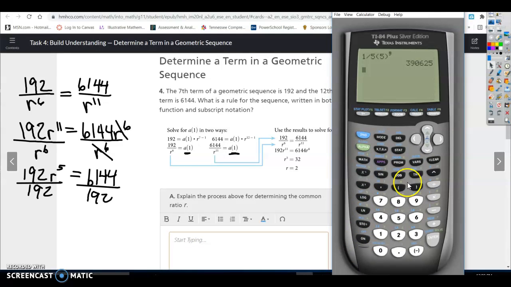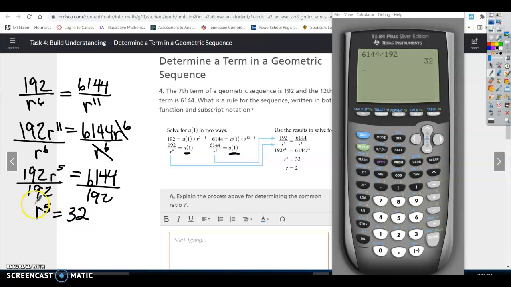So if you take your calculator here and we do 6,144 divided by 192, that gives us 32. So that tells me that r to the 5th power is 32.